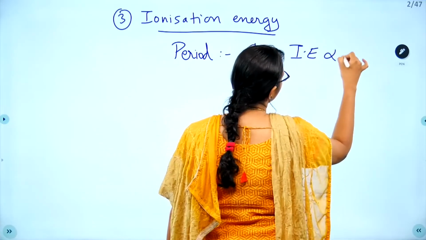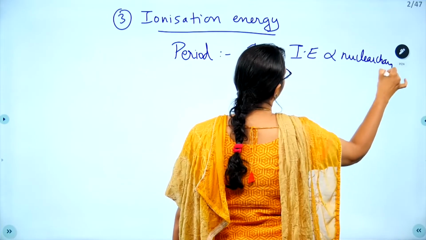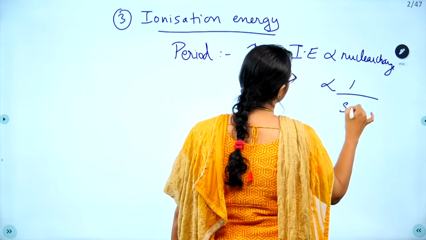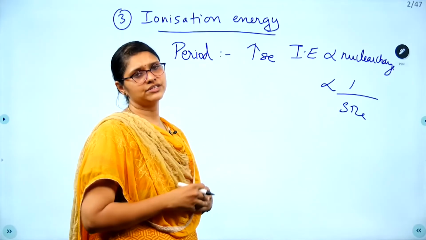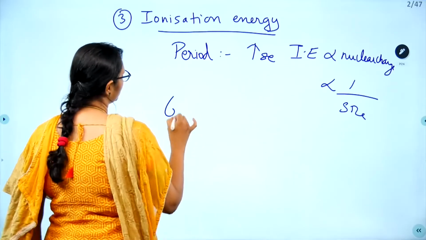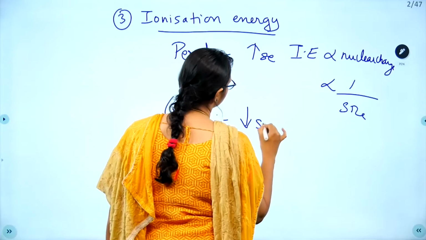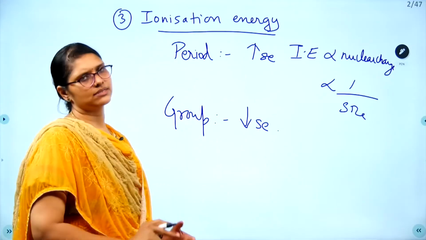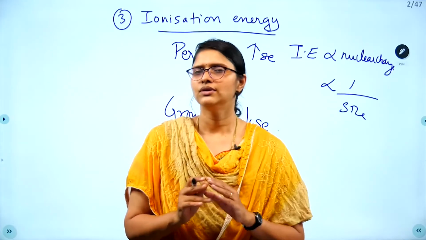Ionization energy is directly proportional to nuclear charge and inversely proportional to size. If the size is big, the ionization energy will be low. Going down the group, the nuclear charge decreases, so ionization energy also decreases.